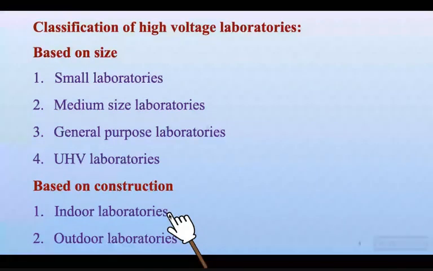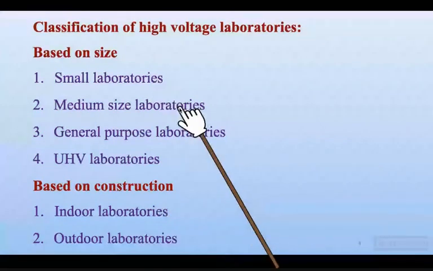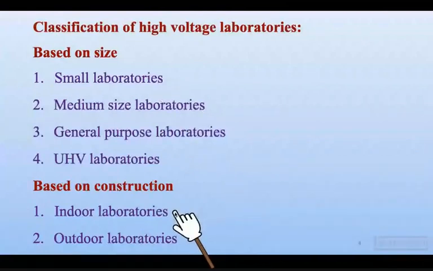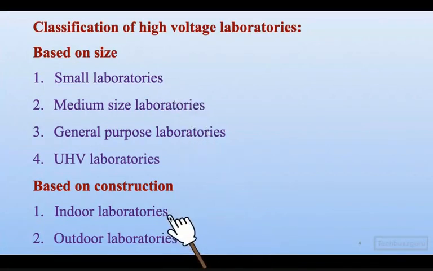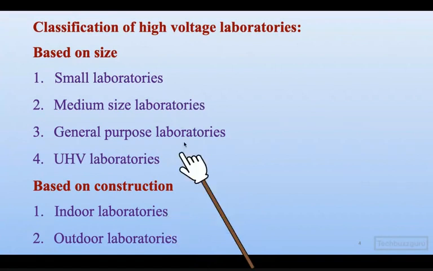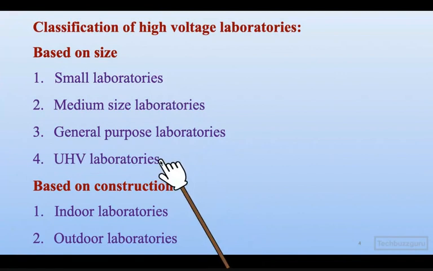Because of the clearance and spacing required for high voltage laboratories, indoor laboratories are generally designed for voltage levels that are small or medium, maybe 100 kV, 200 kV. But if you are supposed to test ultra high voltage levels, maybe 1500 kV, 2000 kV, outdoor laboratories are preferred.